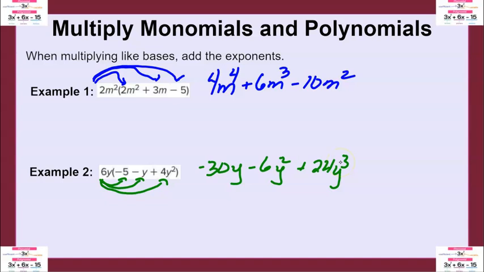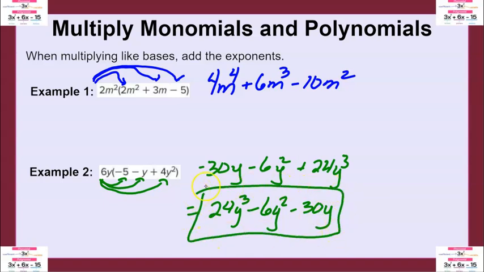Now, if I want to put this in standard form, I would write it as 24y cubed minus 6y squared minus 30y. If you were to forget to put it in standard form and they didn't ask you to, what I first wrote would still be correct.